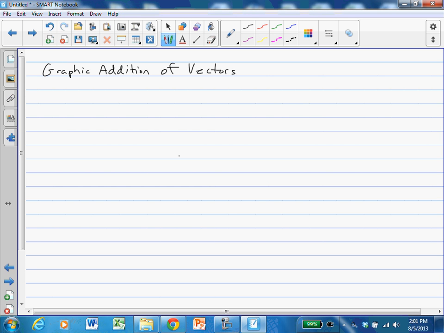Okay? The tail of the first. Now when we have a vector, let's do that. So say here's a vector. We call this the tail, and we call this part the head, okay, of the vector. When you add them, the first tail begins at the origin.